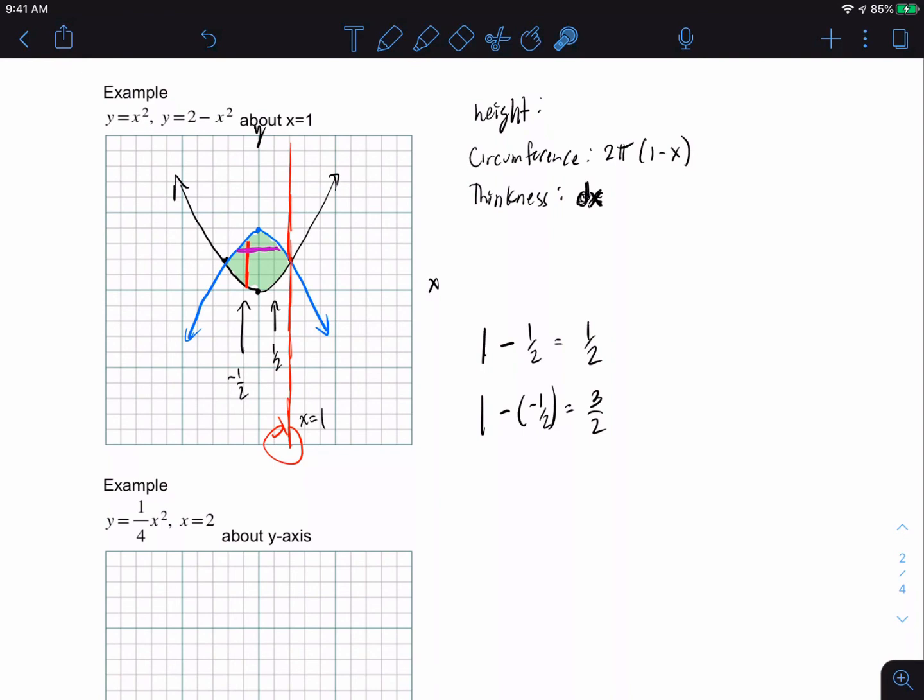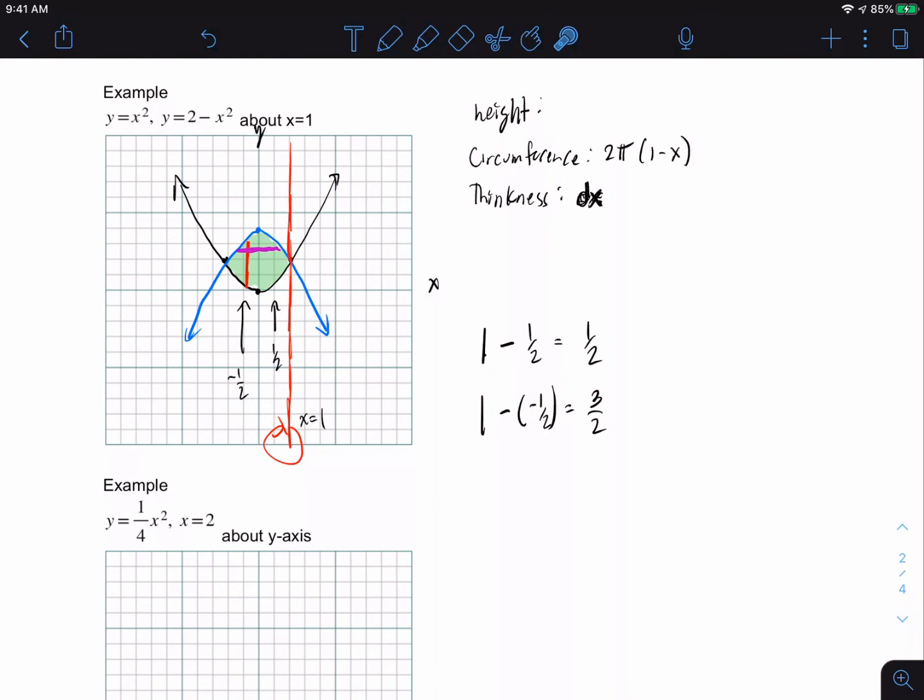Rule of thumb, Julian, just so you know, if you're going to be right of the shaded region, it's typically going to be that number where you're rotating by minus the variable for rotation. Yeah, so if we were going to do that at 3, it would have been 3 minus x.